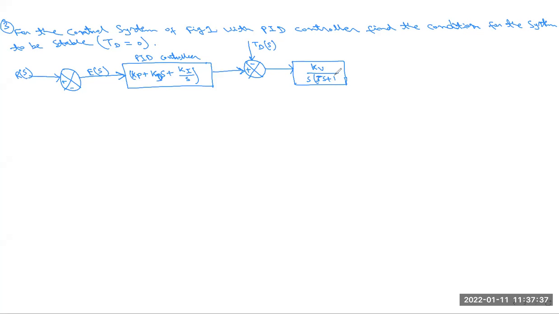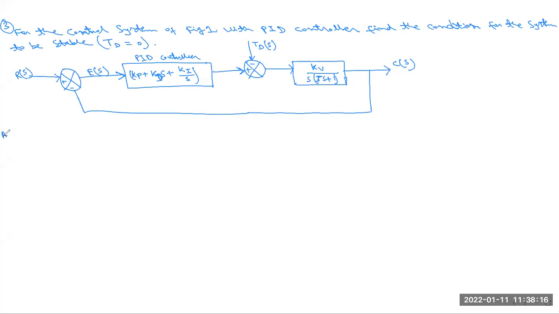Then finally the output we calculate from here, and one unity feedback we attach from the output to the input of the summing point. So this figure is the PID controller, and you have to find the condition for the system to be stable when TD is equal to 0.